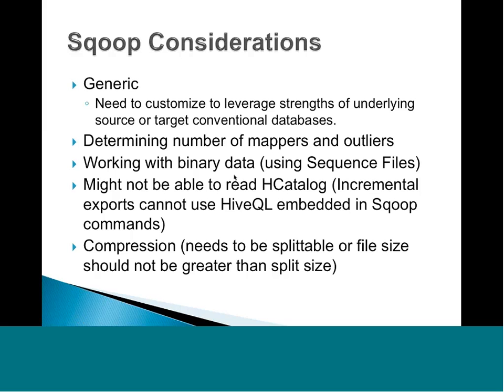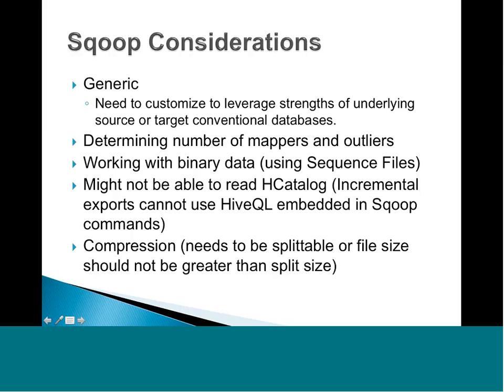It could be the case for both imports and exports. So the degree of parallelism, even though Hadoop can scale, the database might not be able to support that many connections while copying huge sets of data. So you have to be very careful to determine the number of mappers, and also keep outliers in mind to get the desired parallelism.